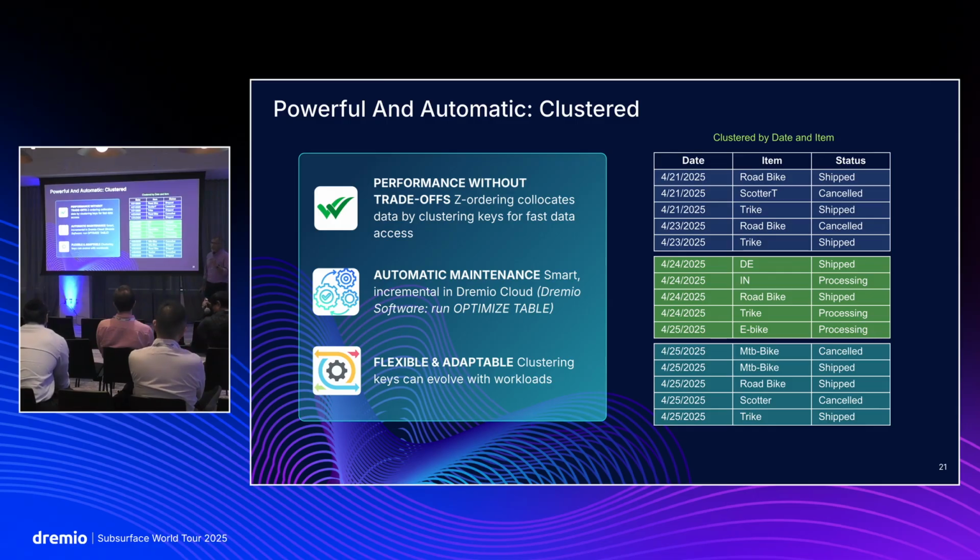you get partition-like performance, right? Without any trade-off on ingestion, because we are not necessarily segregating data based on the partition key. Now, in this example, we have clustered this table based on date and item.